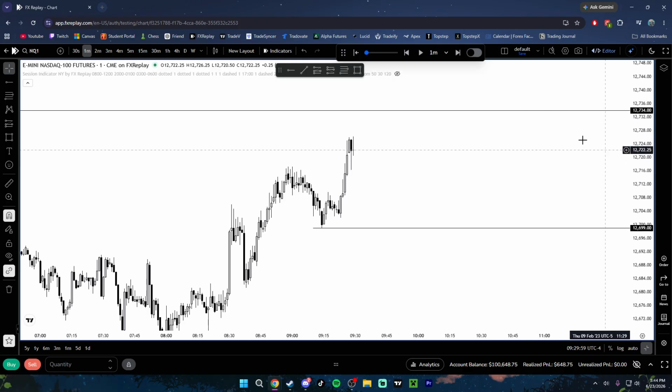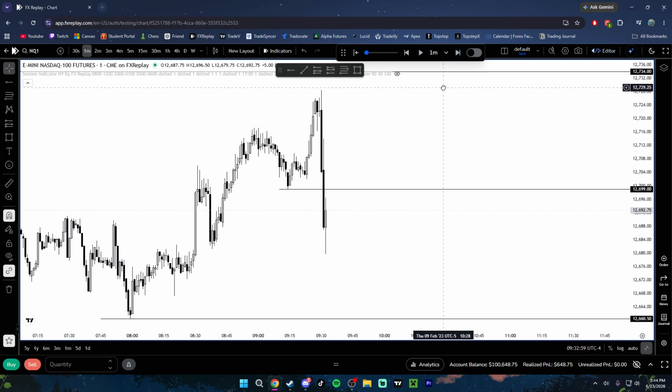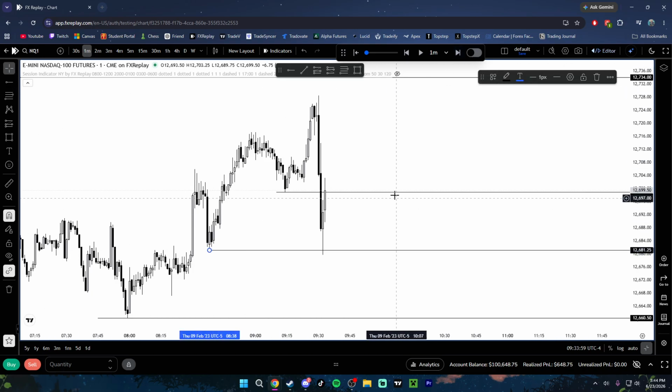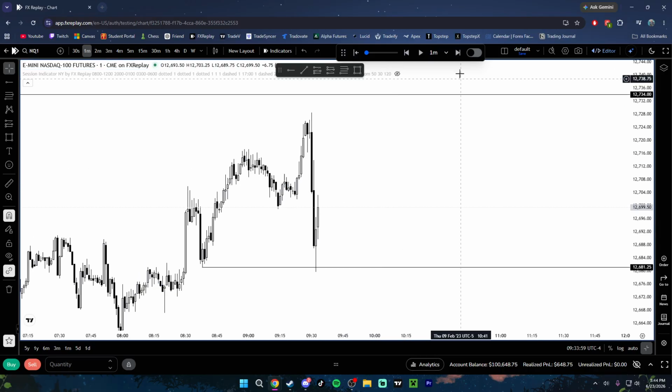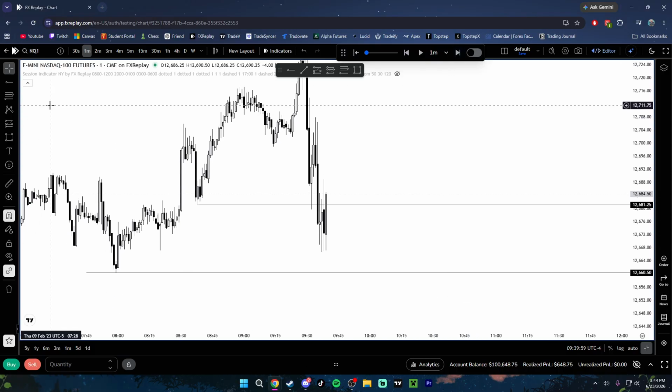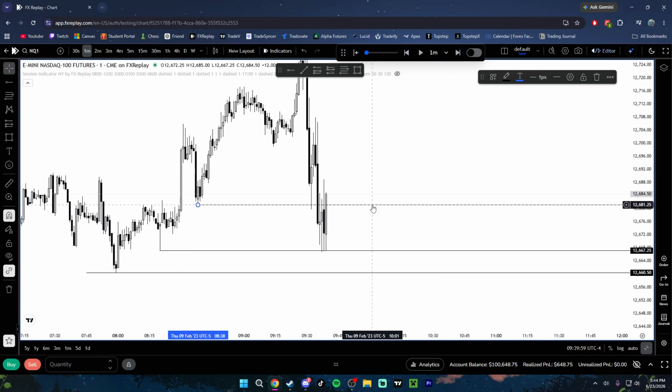Alright, let's see what happens here. Okay, we open lower. We sweep to this point. Let's see if it's enough to take us higher. Okay, now we sweep this. Let's see if it's enough to take us higher.